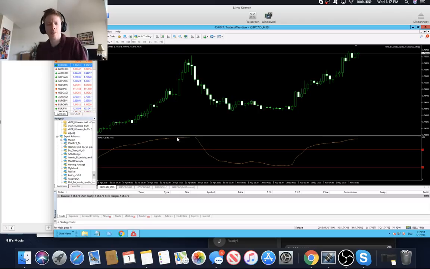So let's take, for example, we have three trades in on the pound Canadian dollar, and we have one trade in on the Aussie CAD, and one trade in on the New Zealand Canadian dollar. So that's five trades altogether, right? And the trade on the Aussie CAD is at 0 pips profit. The trade on the New Zealand Canadian dollar is at 0 pips profit. The pound Canadian dollar with the three trades is in 50 pips profit.